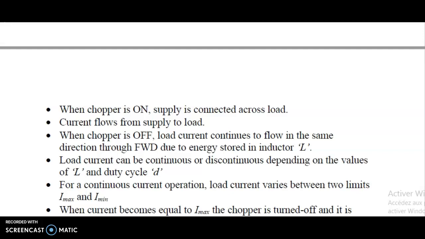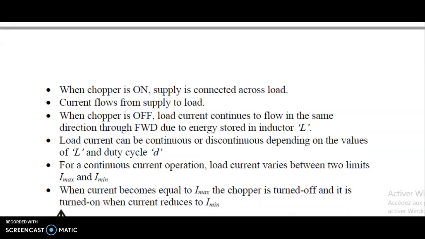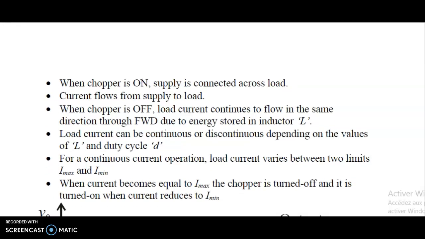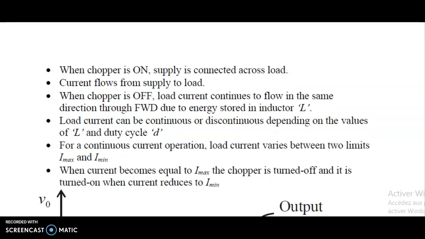When the chopper is on, supply is connected across the load, and current flows from supply to load. When the chopper is off, current continues to flow in the same direction due to energy stored in the inductor. Load current can be continuous or discontinuous depending on the values of L and duty cycle D.